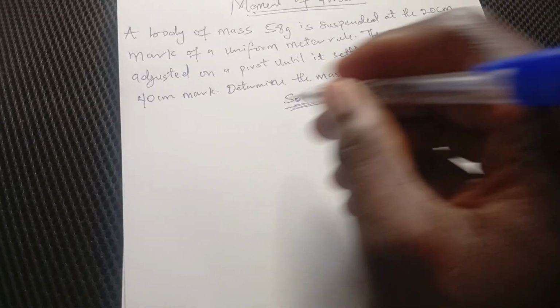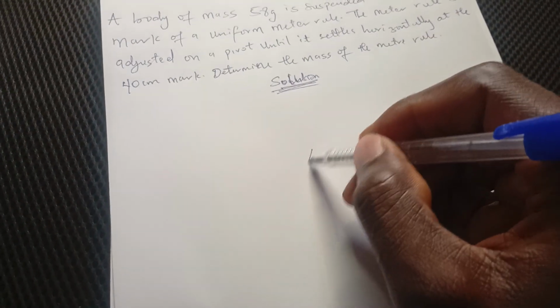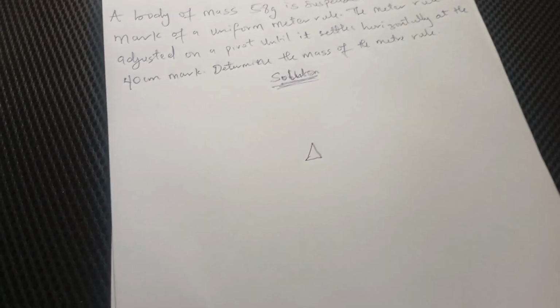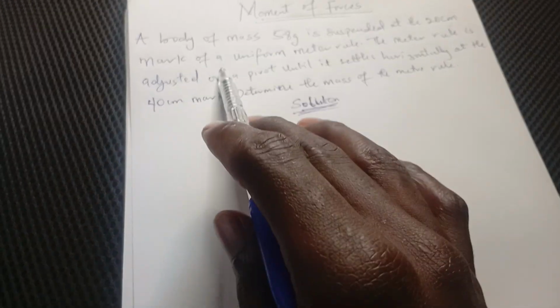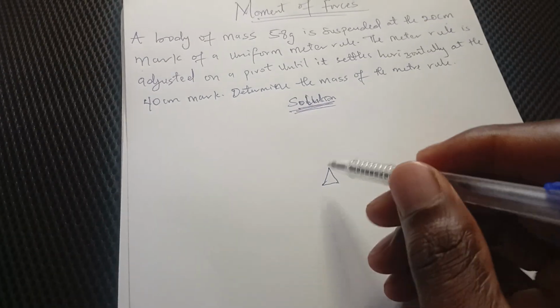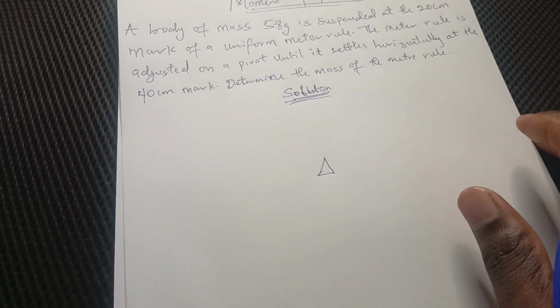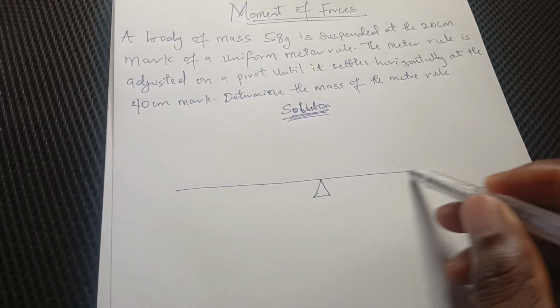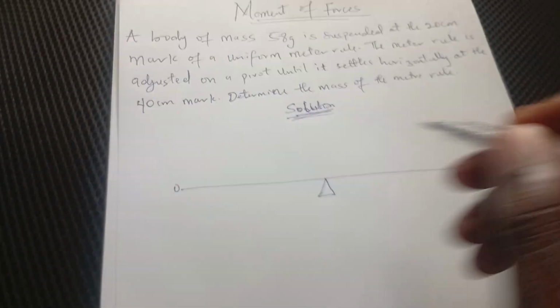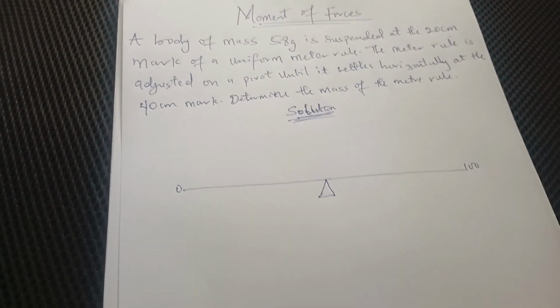Now, a body of mass 58 grams is suspended at the 20 centimeter mark of a uniform meter rule. That means if they're talking about a uniform meter rule, we're talking about a straight meter rule from 0 to 100.